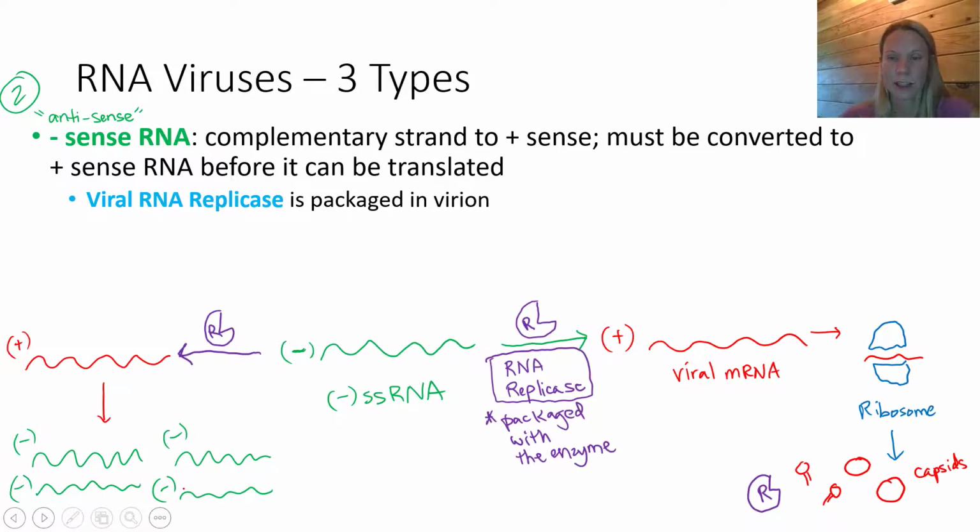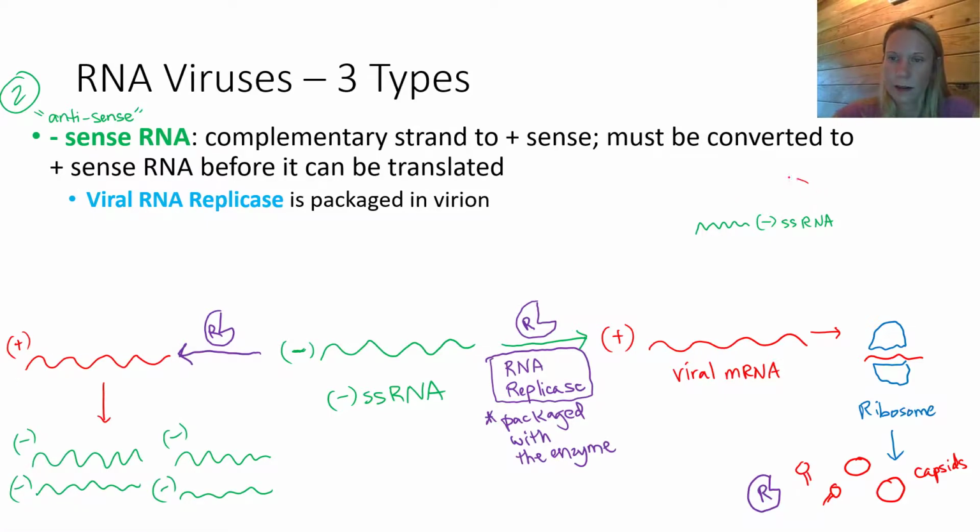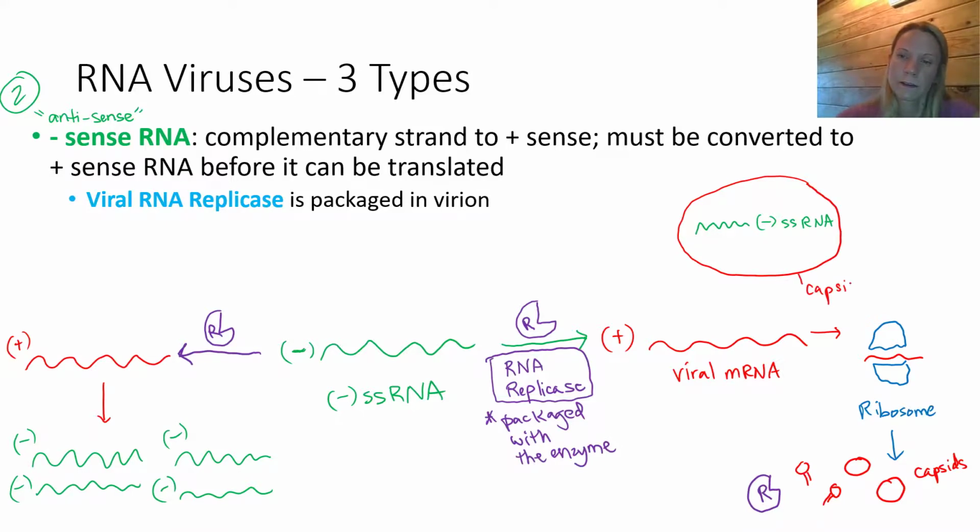That means that in the assembly stage, we are going to have single-stranded antisense RNA as the viral genetic core, and that's going to be surrounded by a viral capsid, and also inside of the capsid we would find the enzyme, the RNA replicase enzyme.